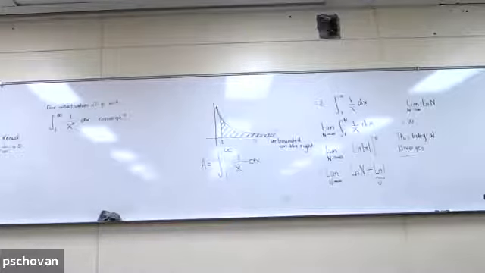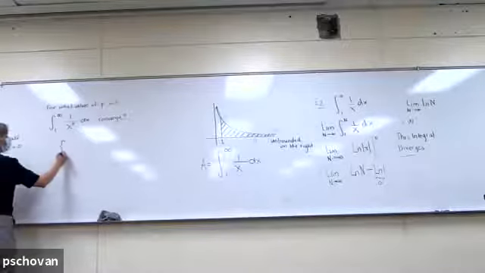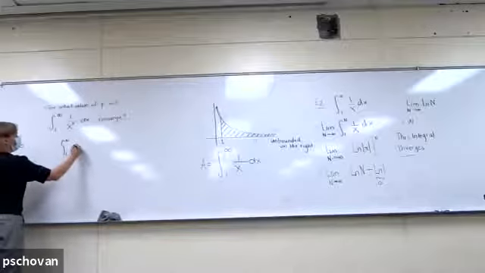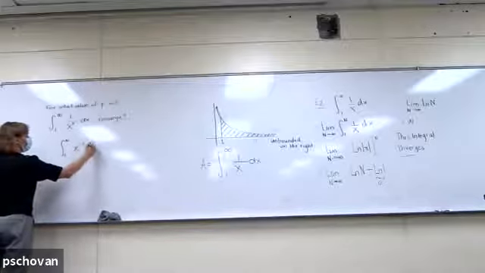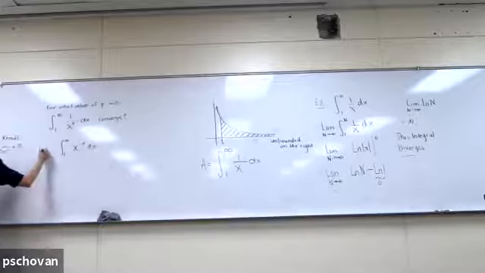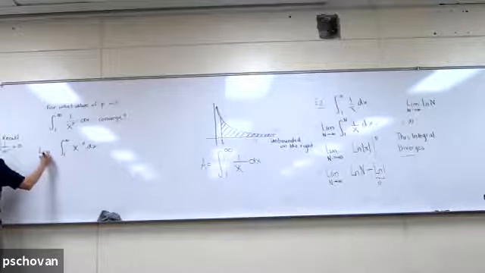Converges for x squared, diverges for x to the first. So a number in between 1 and 2 would be like 3/2. Let's just check. Let's just do this in terms of P. Let's rewrite this as the integral from 1 to n of x to the negative p, and then we're going to run the limit as n goes to infinity.